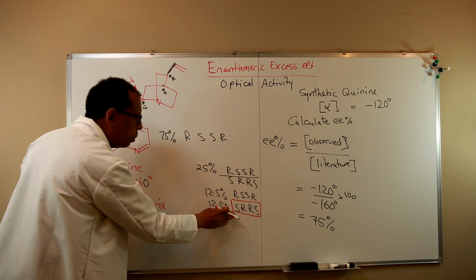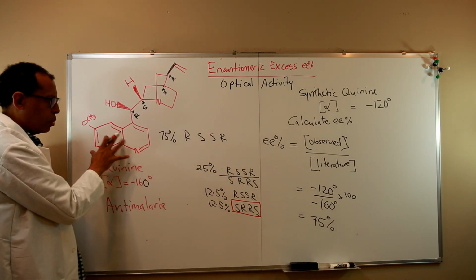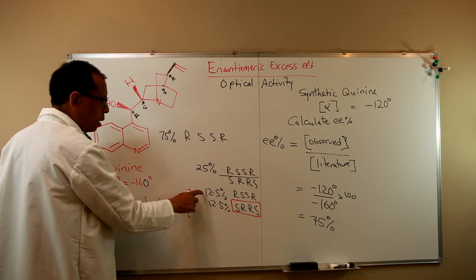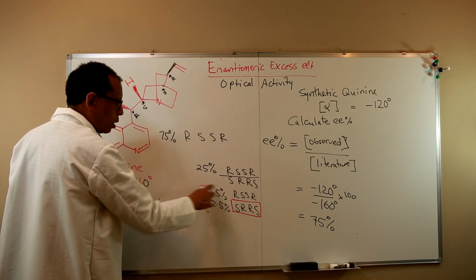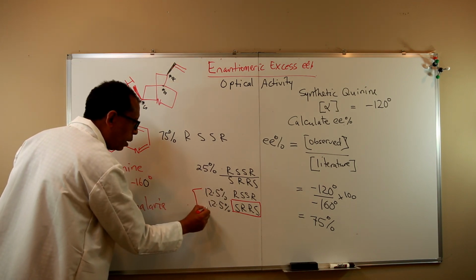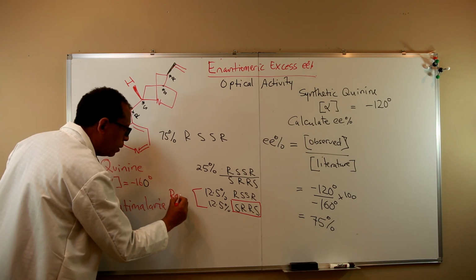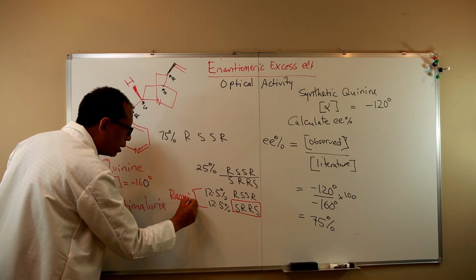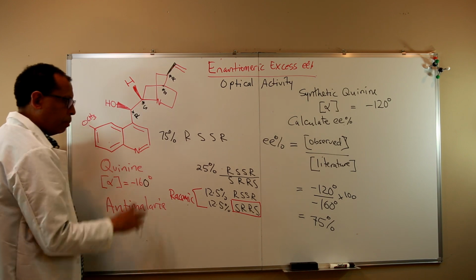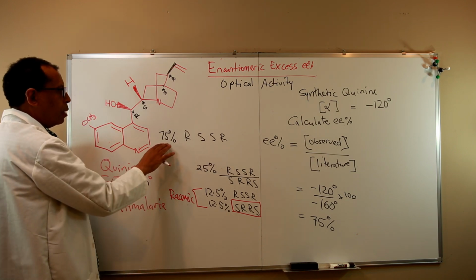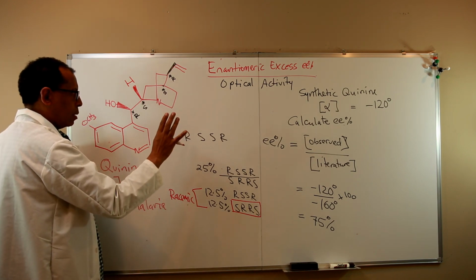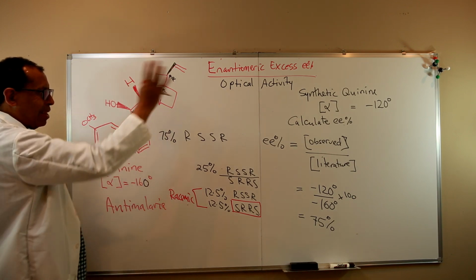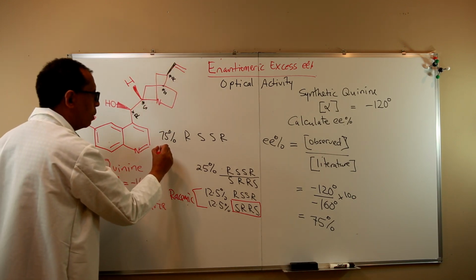This is the enantiomer, the opposite enantiomer to the desired one. This mixture is called racemic because it has both enantiomers, mirror images. But the pure enantiomeric excess, what he desired in that synthesis, was 75%.